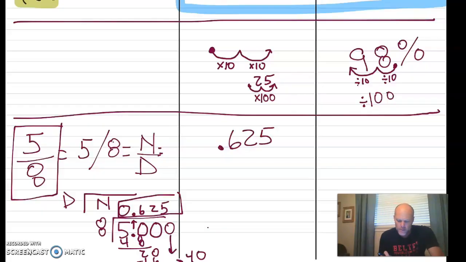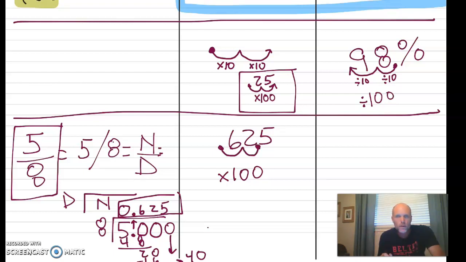So we need this to be a percent. Okay, so what do we got to do? We need to multiply it by 100, exactly like this right here. But what does that do? Moves it to the right. That's multiplying by 10, and then multiplying by 10 more.